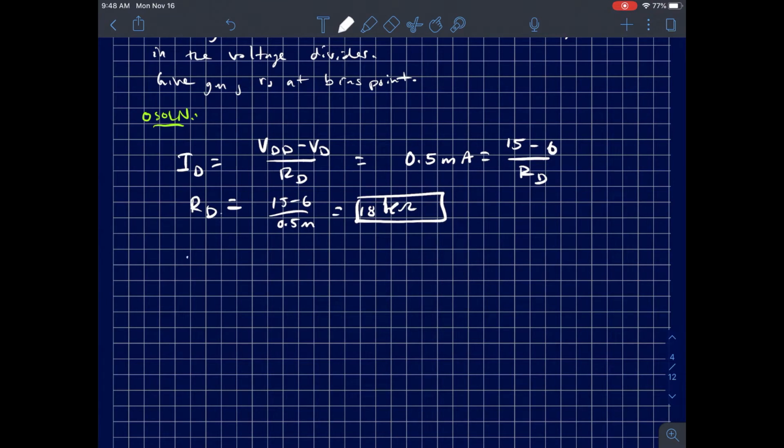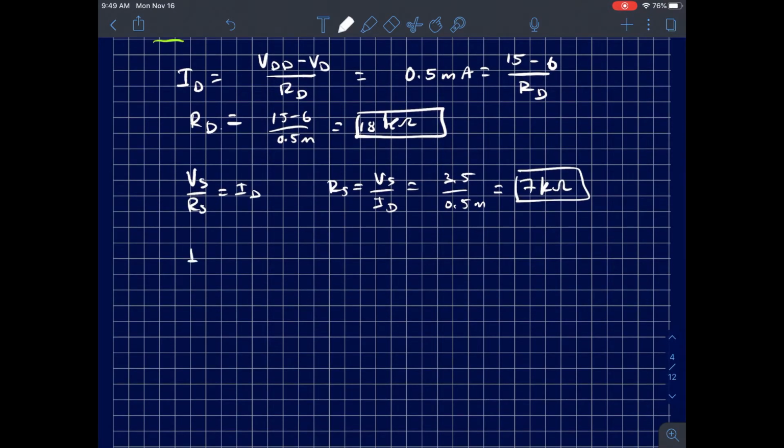Next, I know that VS over RS also has to be equal to ID, which means that RS is equal to VS over ID, which is 3.5 over 0.5 milliamps, which is 7 kiloohms.